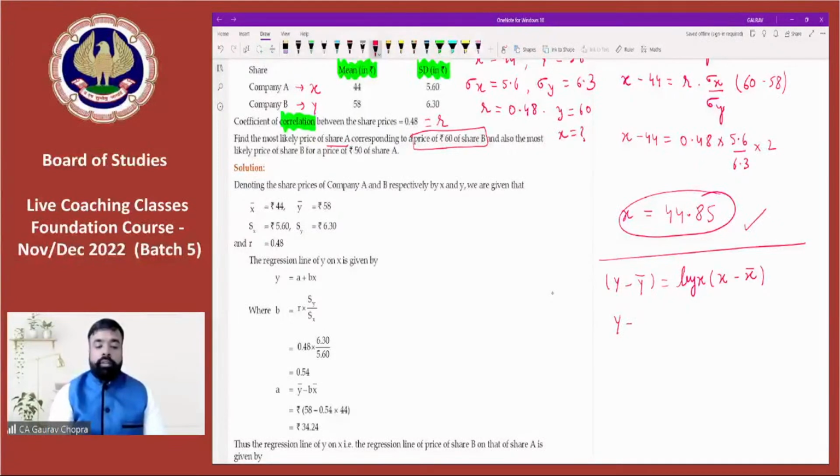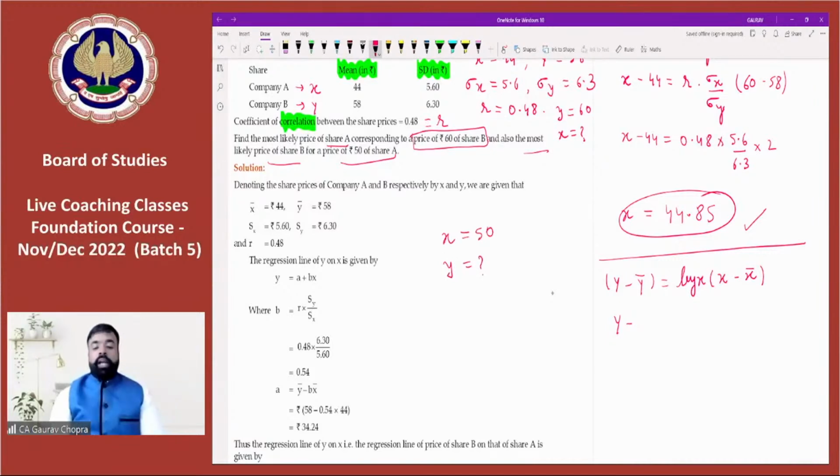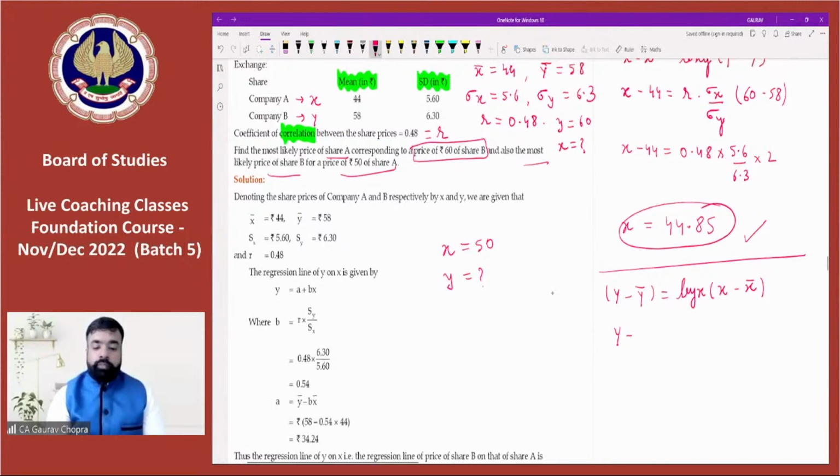So now, the second time, what do we have to calculate? We have to calculate y. That means the most likely price of share B when the price of share A is 50. So this time the value of x is 50 and we have to estimate the value of y. So y minus y bar. Y bar is how much? 58.